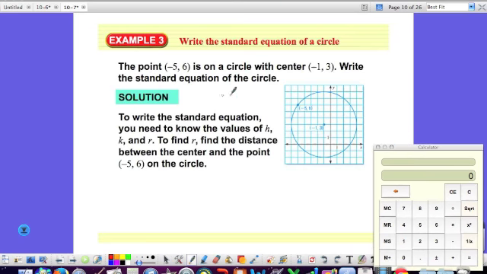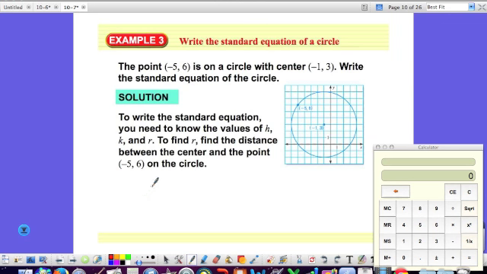The point negative 5, 6 is on the circle with the center at negative 1, 3. Write the standard equation of the circle. So this time they do not give us the radius. We could find the radius of the circle by looking at this graph. 1, 2, 3, 4, 5 is 5.